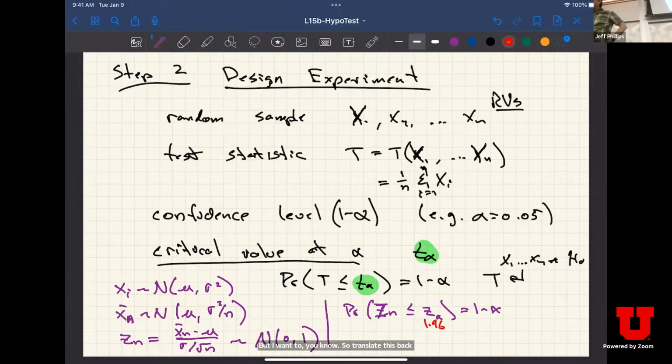How we do that is we can set T alpha, my threshold, to be mu plus z alpha, that's the 1.96, times sigma over square root n. Okay, so this is how I get this critical value at alpha, if I'm assuming it's from a normal distribution with a known mean and known variance. That was my null distribution.